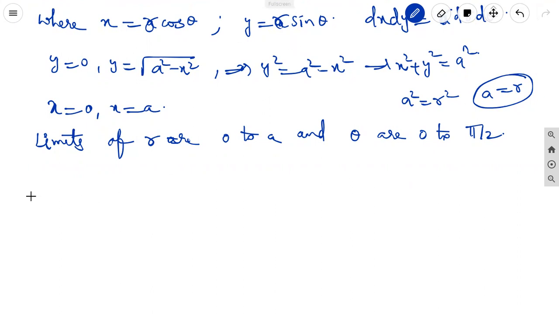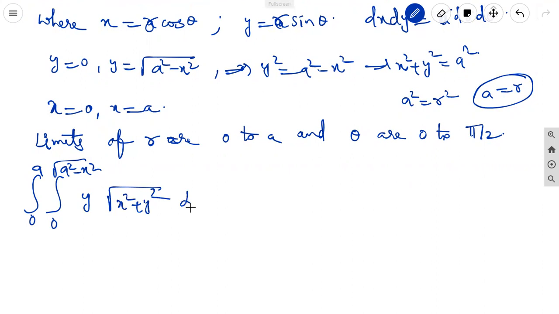Now we can take the double integral, integral 0 to a, integral 0 to under root of a square minus x square, y into under root of x square plus y square dx dy, is equal to, here, theta limits from 0 to pi by 2 and r limits from 0 to a.